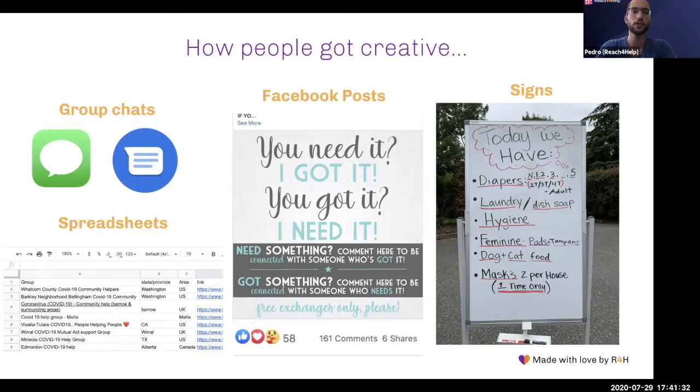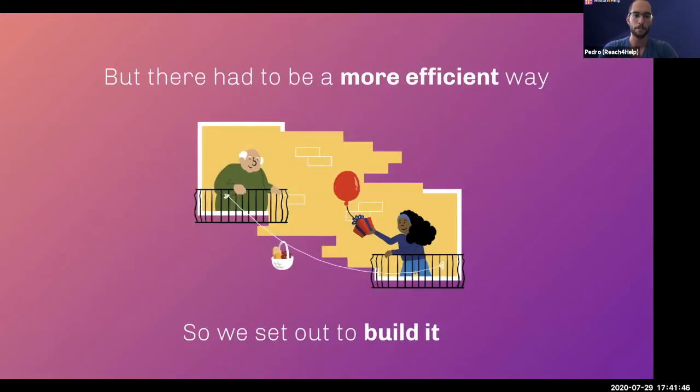Also, they couldn't really measure the impact they were having, like the requests that were fulfilled, if everything went all right with that. And so we started thinking, and we set out to build something more efficient.